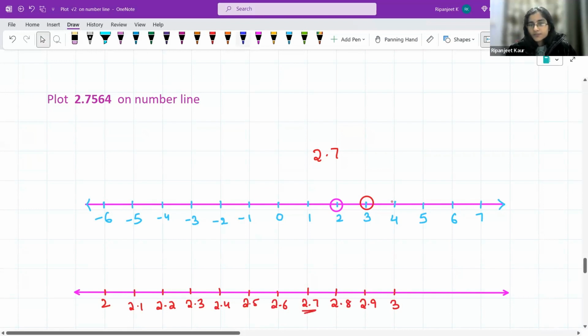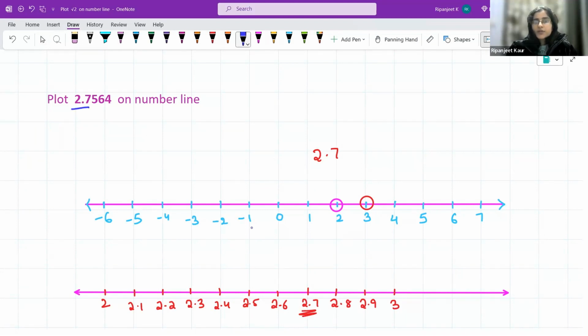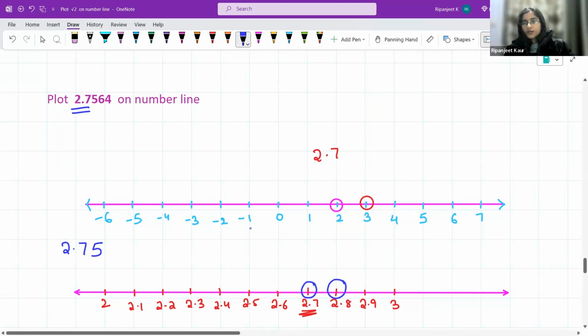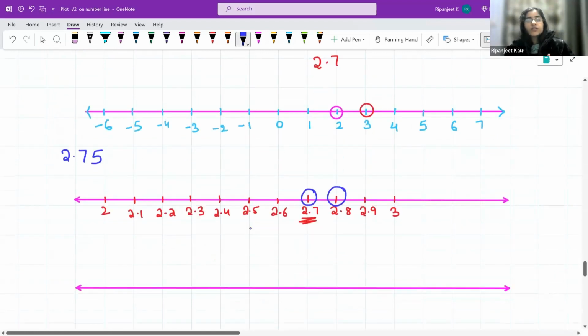So we know where 2.7 is, but the number is not stopping here at 2.7. Let us take just one more digit, 2.75. That means the number is lying between 2.7 and the next digit. What is the next digit after 2.7? It's 2.8, right? So the number would be lying between 2.7 and 2.8.